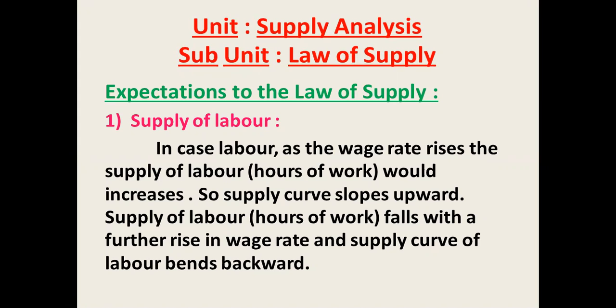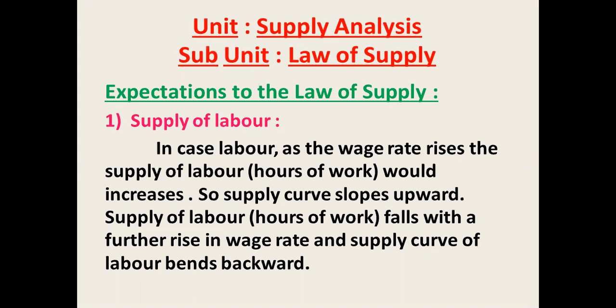So the supply curve slopes upward at one stage, but after some time, as the wage rate rises, the supply curve of labor bends backward. This is because the worker would prefer leisure to work after receiving a higher amount of wages. After a certain point, when the wage rate rises, the supply of labor tends to fall.